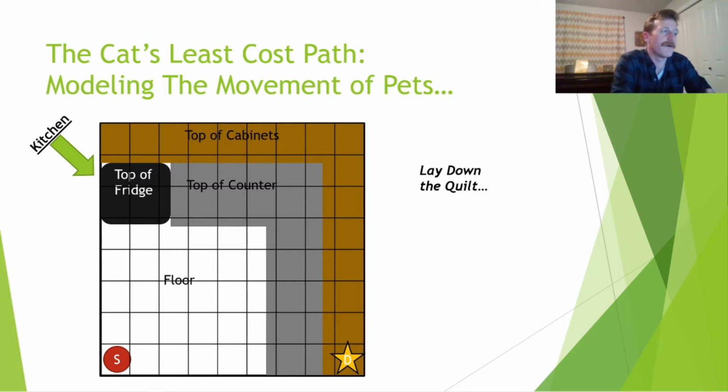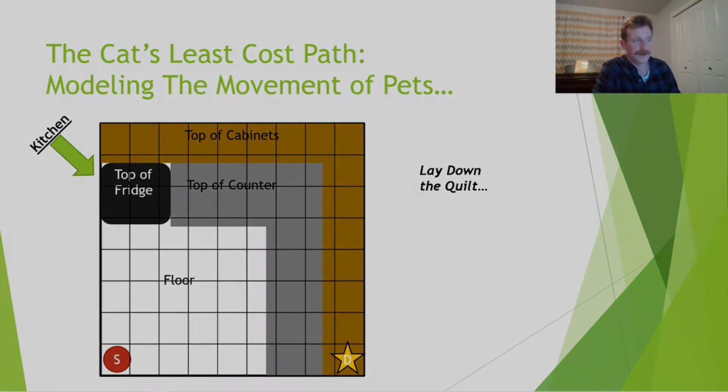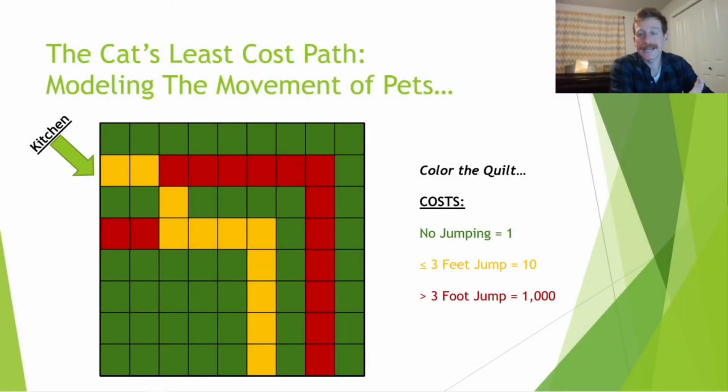Take note of how some surfaces are half in one cell and half out of the cell, and what that might mean for the friction of geography to transfer between surfaces. Also, take note that I dropped a start point and a destination point, the source being the red circle in the bottom left, and the destination being the gold star. All right, so we take a big jump at this step because the grid became filled in.